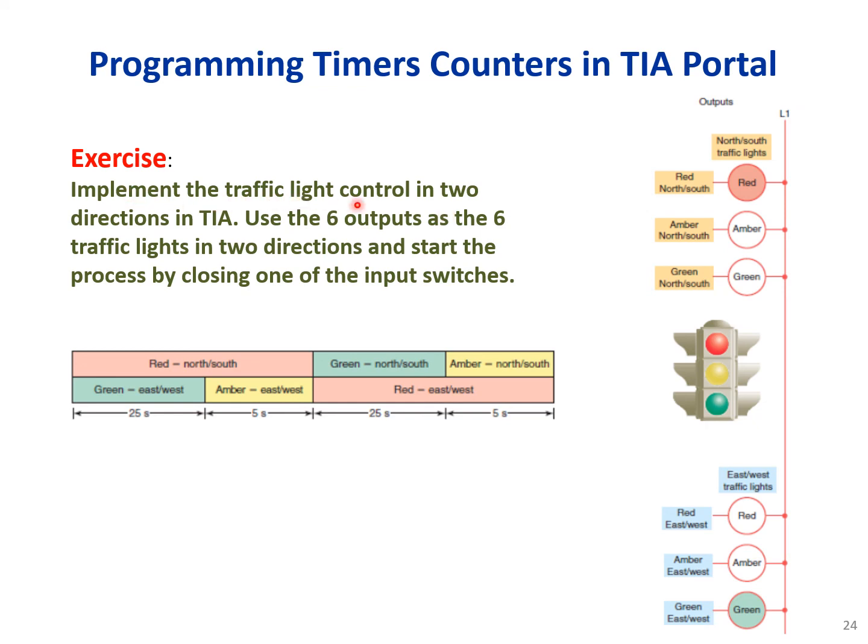Implement the traffic light control in 2 directions in TIA. Use the 6 outputs as the 6 traffic lights in the 2 directions and start the process by closing one of the input switches.